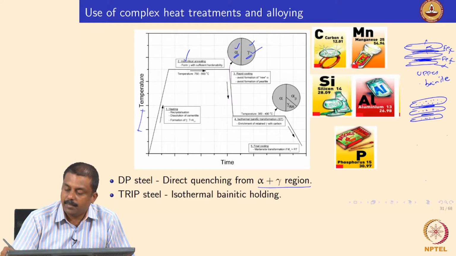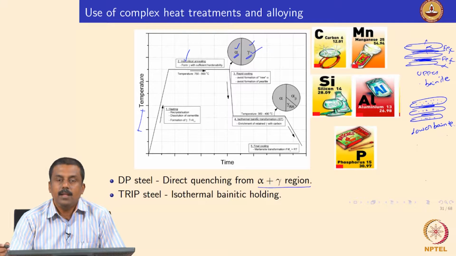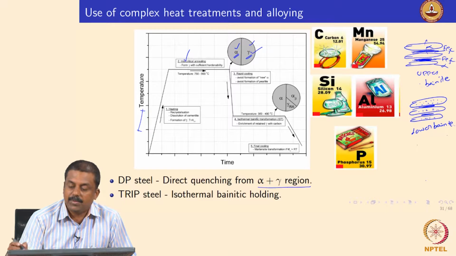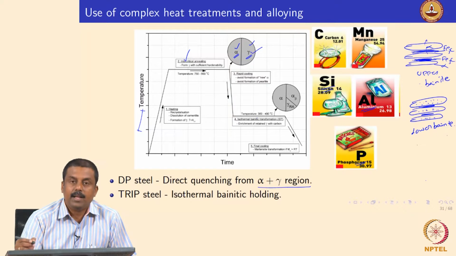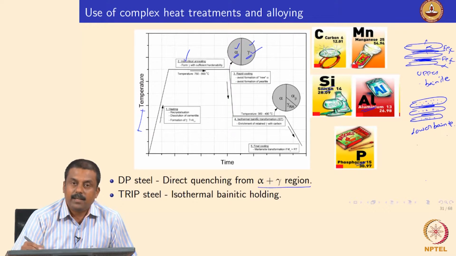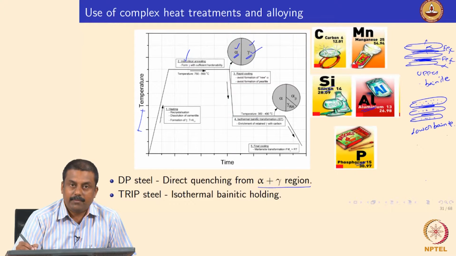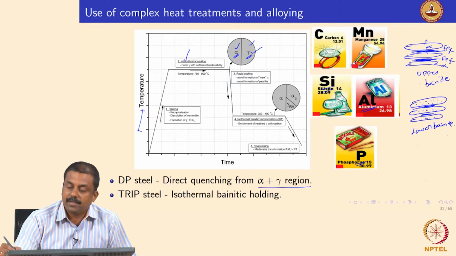So, this is, for example, lower bainite. Now if you look at these diagrams, I have two special alloying elements, mainly silicon and aluminum, and to some extent phosphorus as well. Silicon and aluminum are added in TRIP steel for a very specific reason: to suppress the formation of cementite.